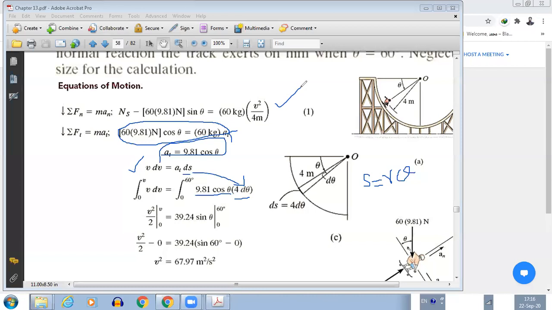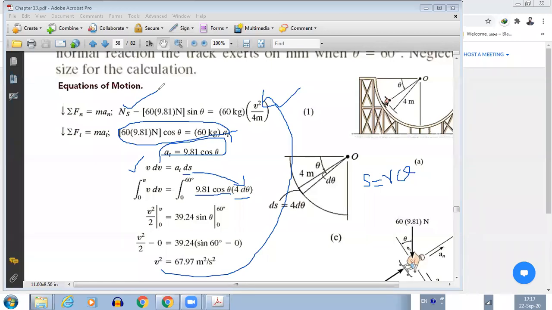Then we put it in V dV equals AT ds to find the relationship of velocity with theta. Then we substitute the limits and find the velocity when theta is 60 degrees. Once you have that velocity, you substitute it here and you will find the normal reaction of the track.